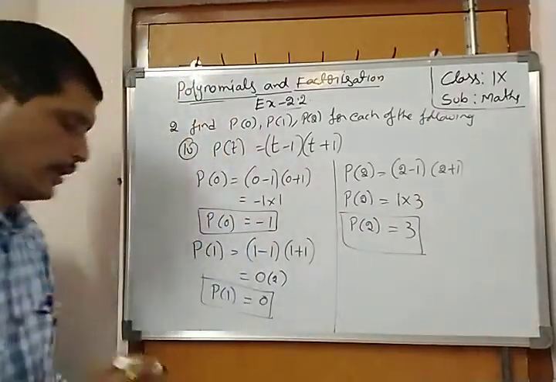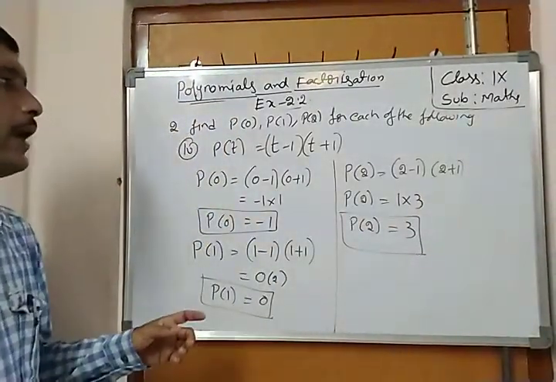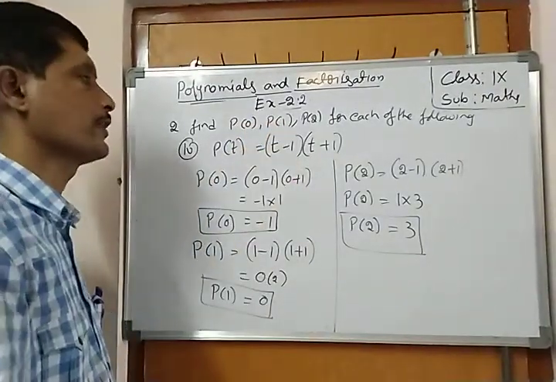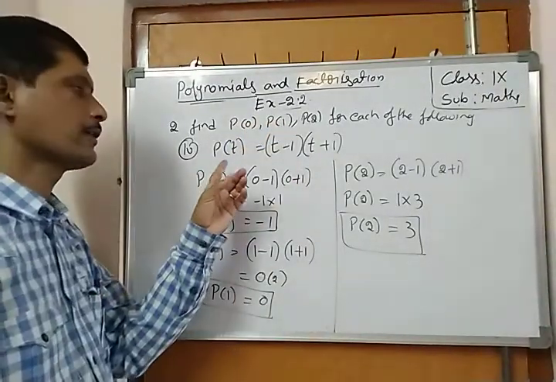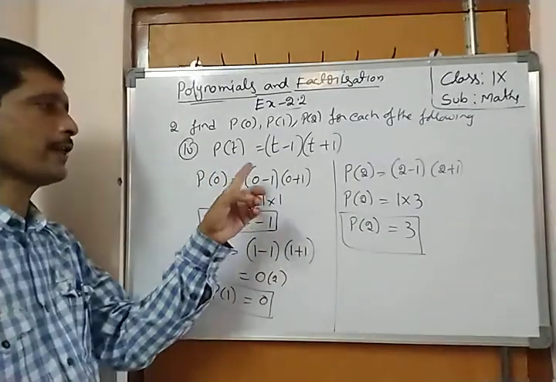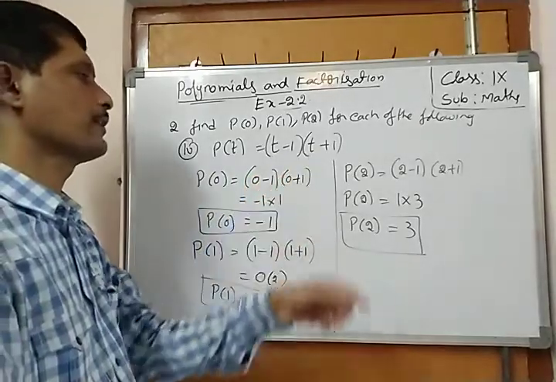Here, see one more time. Find the value of p of 0, p of 1, p of 2 for each of the following. p of t equals (t minus 1)(t plus 1).